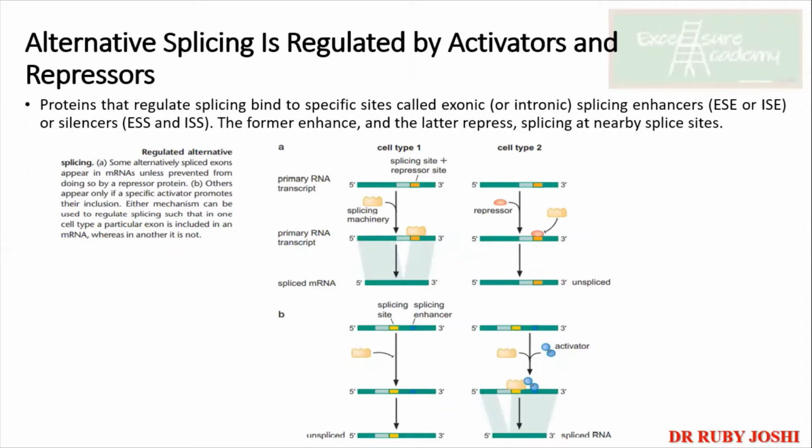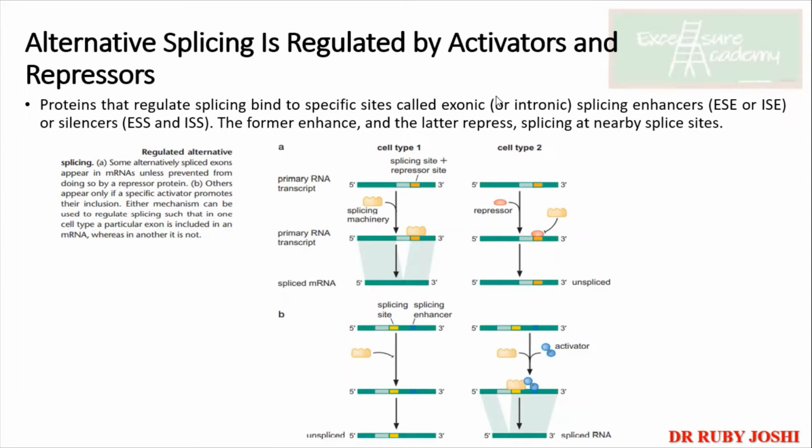Correct. So we do also have proteins which are going to help increase the rate of splicing, and we do also have proteins which are going to silence, telling you not to splice. Okay, so we have got the repressors as well as the enhancers.